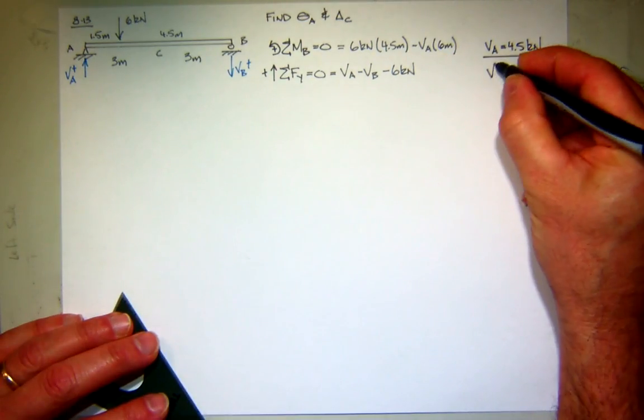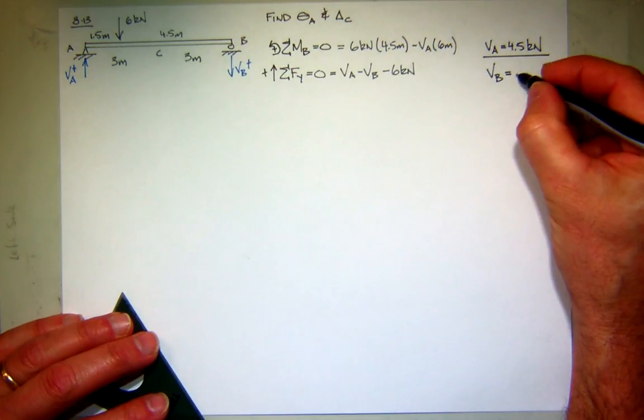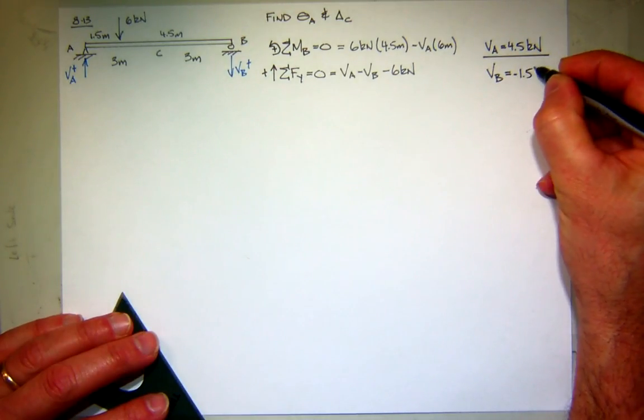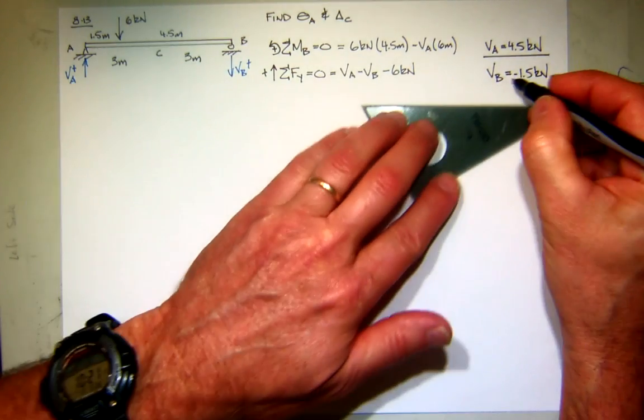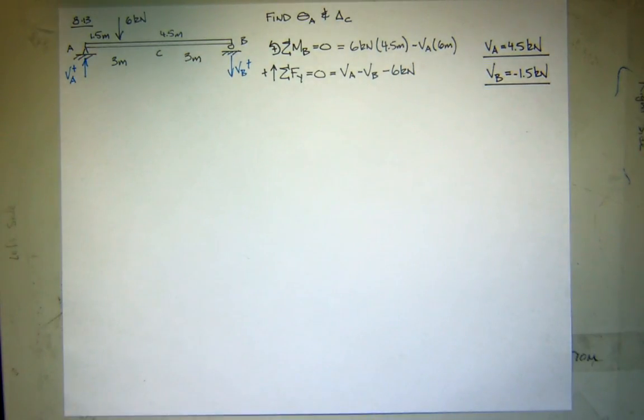So it looks like the shear at B is going to be negative 1.5. Okay? Any questions about that?